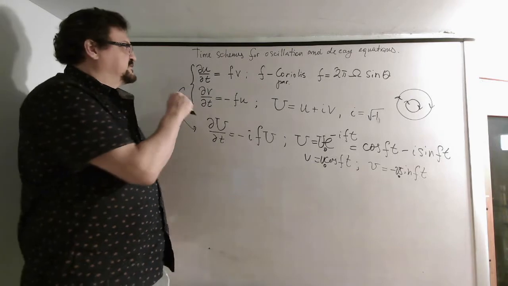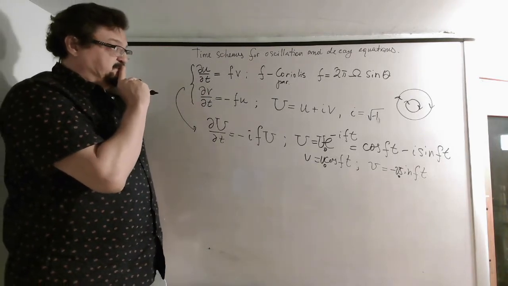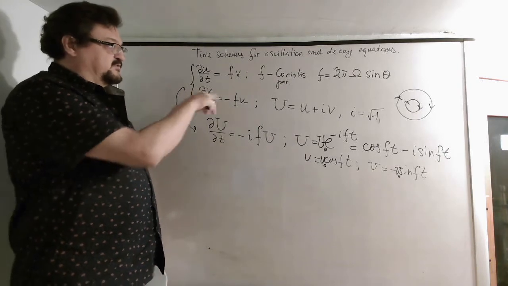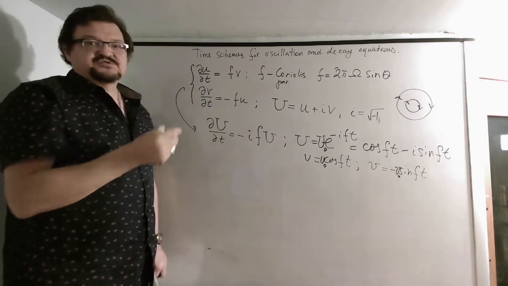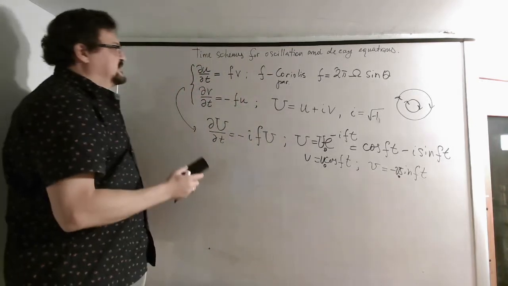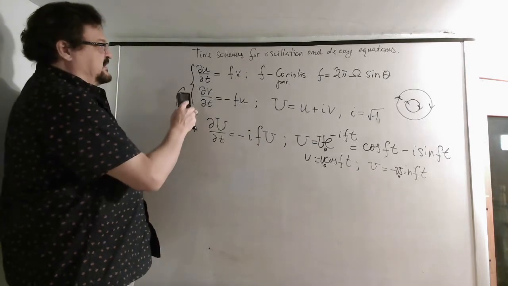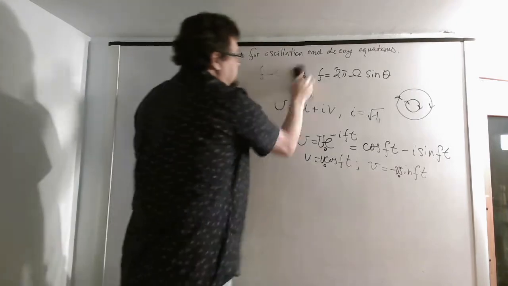So the choice of time scheme is usually dictated by those. And then we need to be careful, because those terms with a given time scheme can actually be unstable. So let's consider several possible schemes for the oscillation equation.